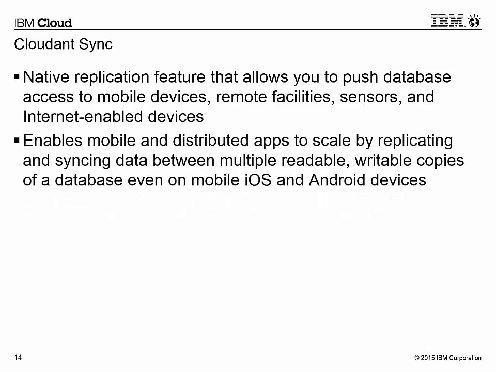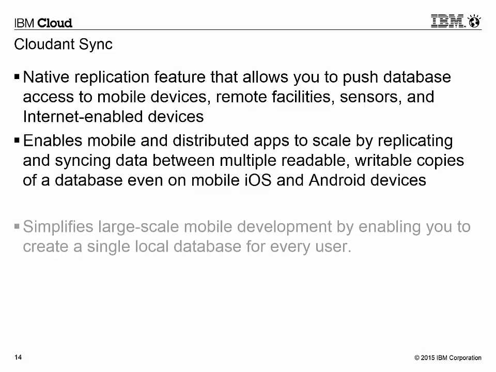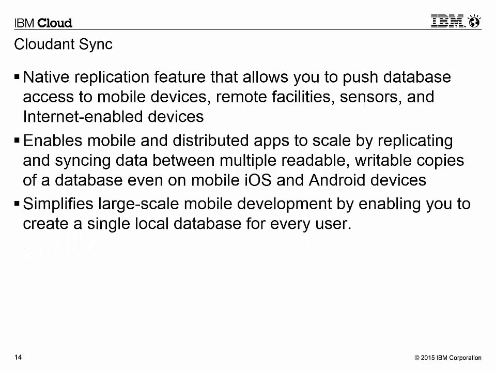So it allows distributed or mobile apps to scale by replicating and syncing the data between multiple copies of the database. This includes databases running on iOS or Android devices, or anywhere where Cloudant or Apache CouchDB can run. For mobile development, it's particularly useful because it allows you to create a single local database for every user.